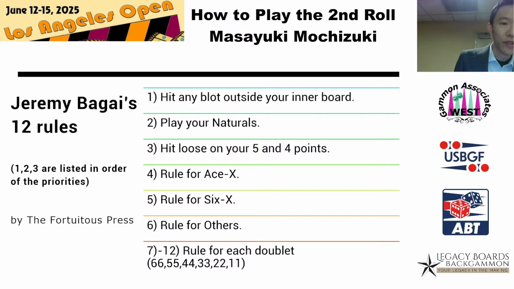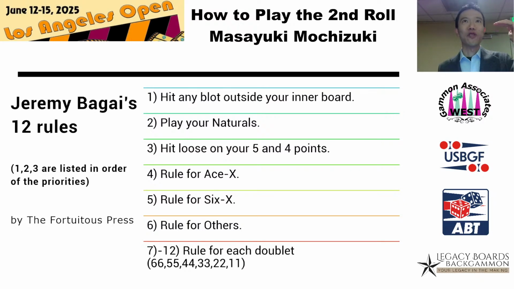All right. So here, I'm going to introduce Jeremy Bagai's 12 rules. Good news is that from rule number 7 to rule number 12, it's just about doubles. Rule number 7 is just for how to play double aces.